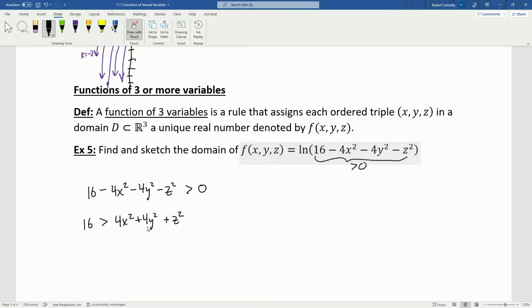Now you might recognize that this looks sort of like an ellipse type equation, and we call this in 3 dimensions an ellipsoid. But let's try to put it more in that standard form. So what do we get? We divide everything by, let's say, 16.